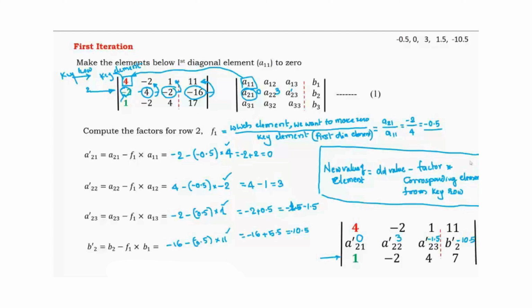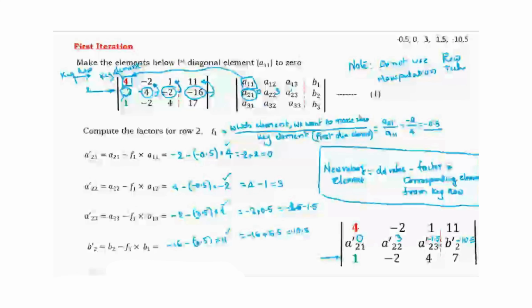This is a note for everyone: do not use the row manipulation technique here.